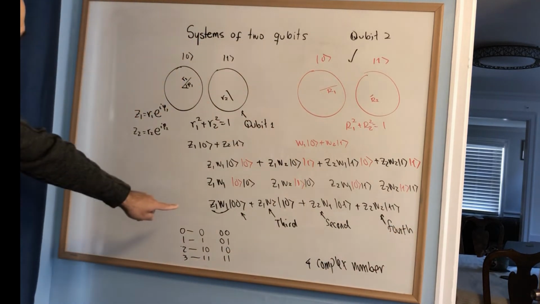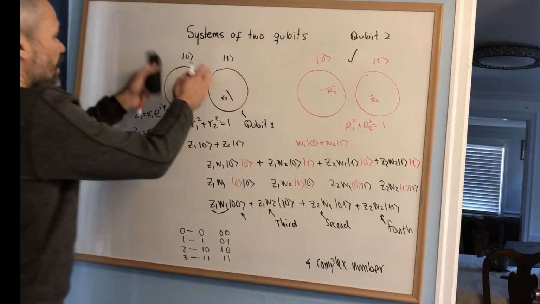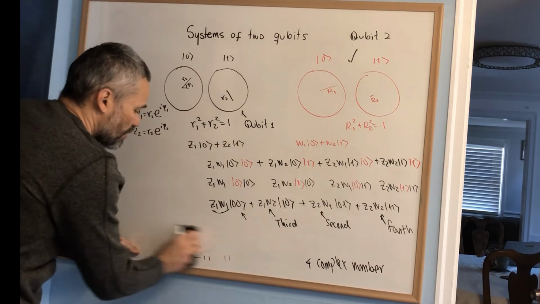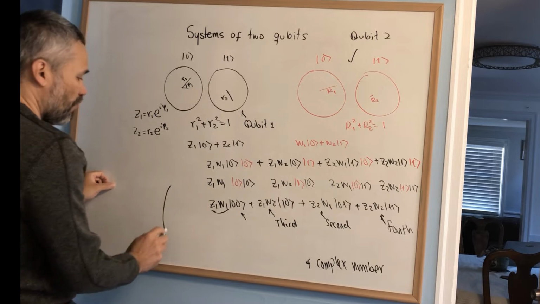But that means that this state, given by having this state in this qubit and that state in that qubit, can be written as an ordered 4 complex numbers.